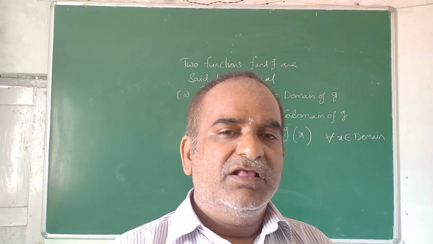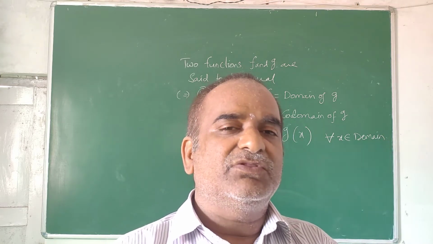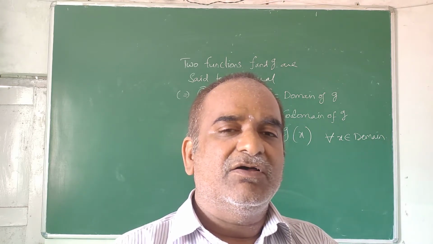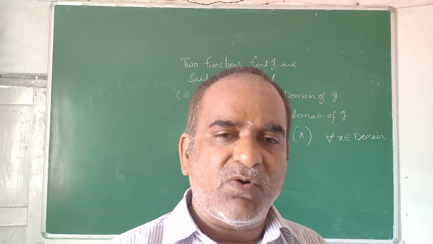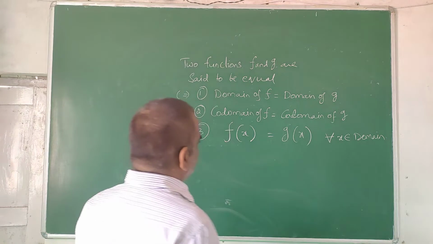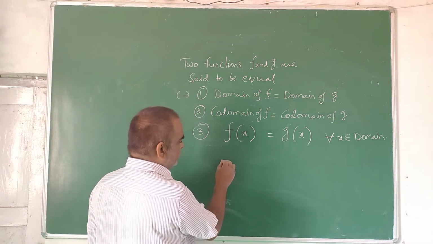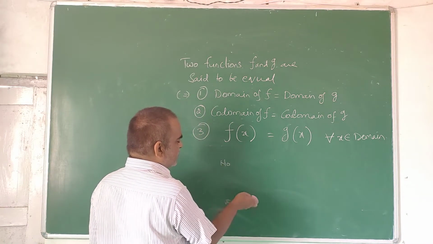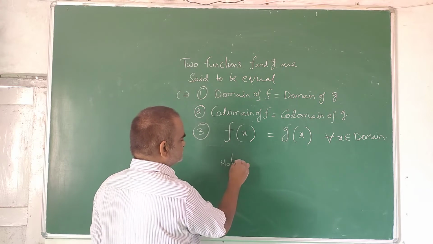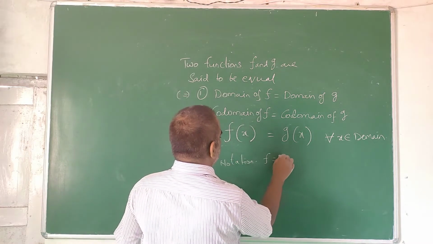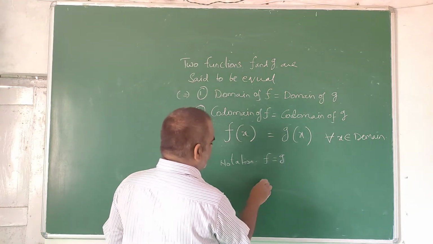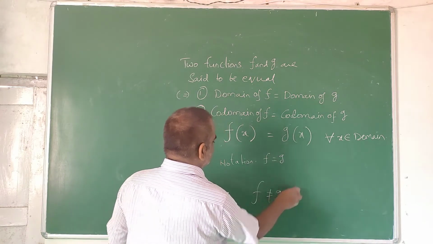So if these three rules are obeyed successfully, then those functions are said to be equal, and the equality of functions is denoted by f equal to g, and the inequality is f not equal to g.